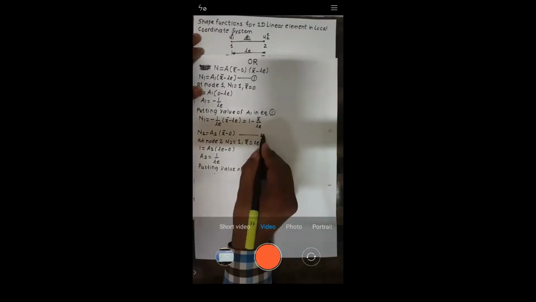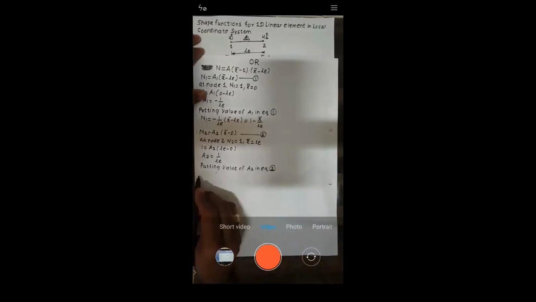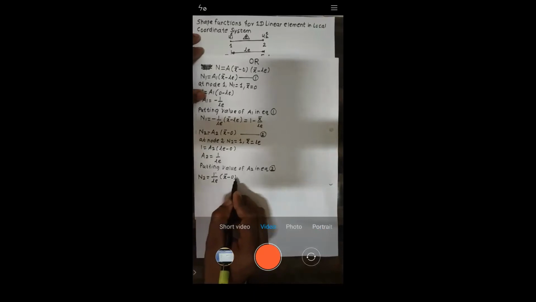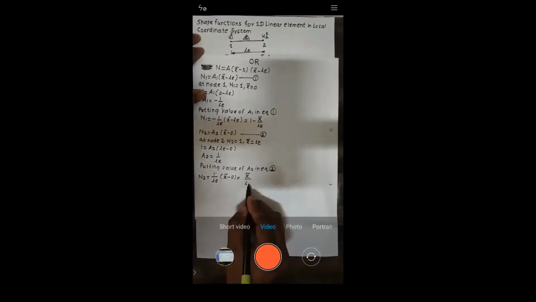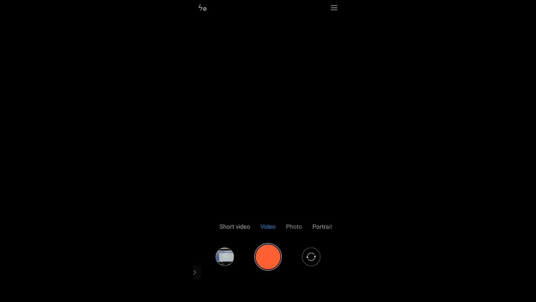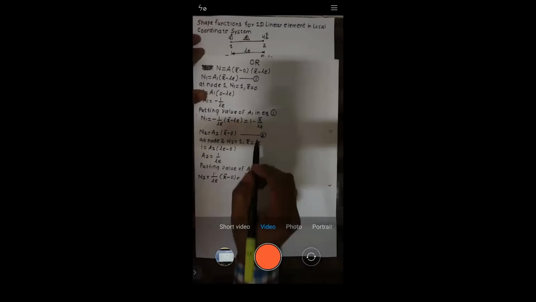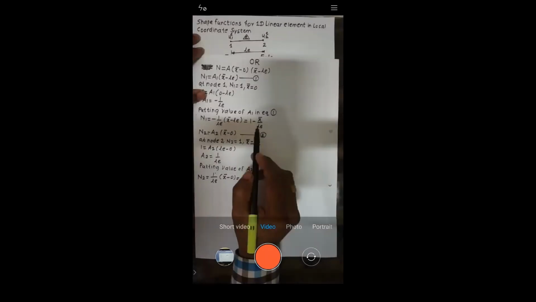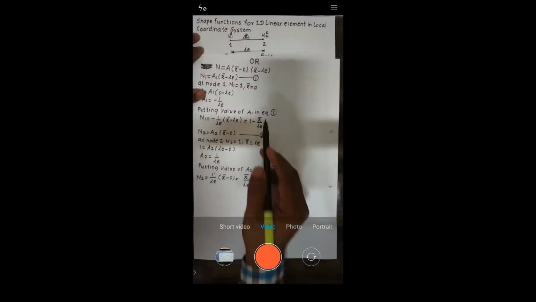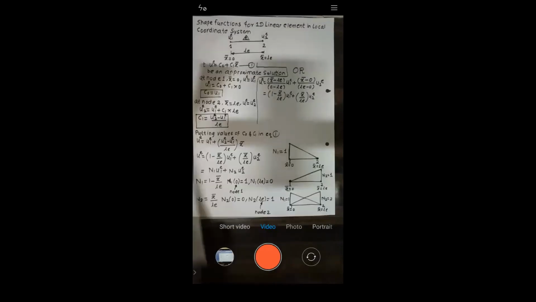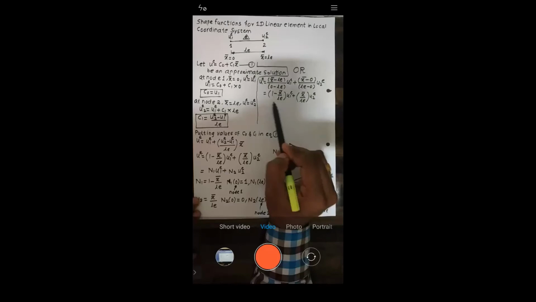So N2 is equal to A2, that is 1 by LE, into x bar minus 0, so it becomes x bar by LE. Have you got the same shape functions N1 and N2? Just check. N1 is 1 minus x bar by LE, N2 is x bar by LE. And again here, 1 minus x bar by LE and x bar by LE. Is it okay?